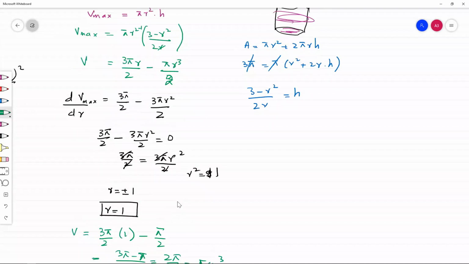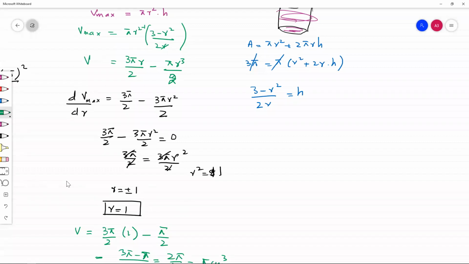So how can we find the height? Just put this value into the equation where h is the subject. So h is equal to (3 minus 1) over 2. So 3 minus 1 is 2, over 2, h will also be 1. So this is the height and radius of the cylinder for which the volume will be maximum.